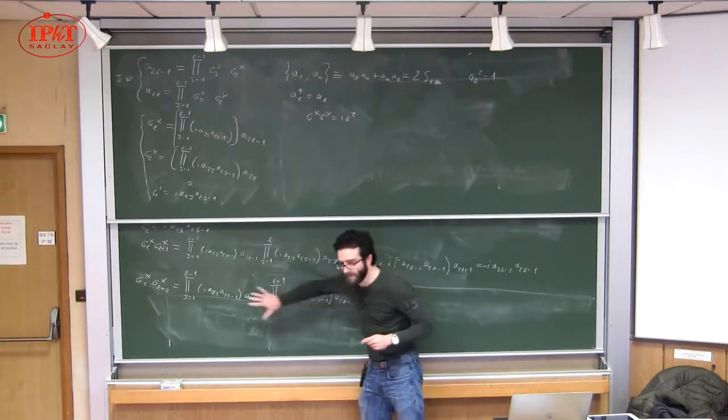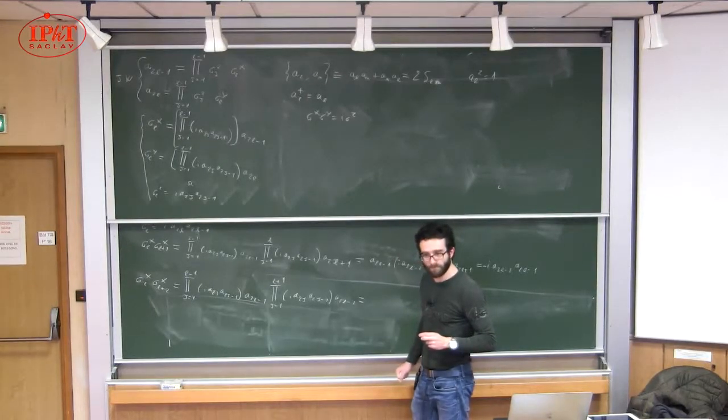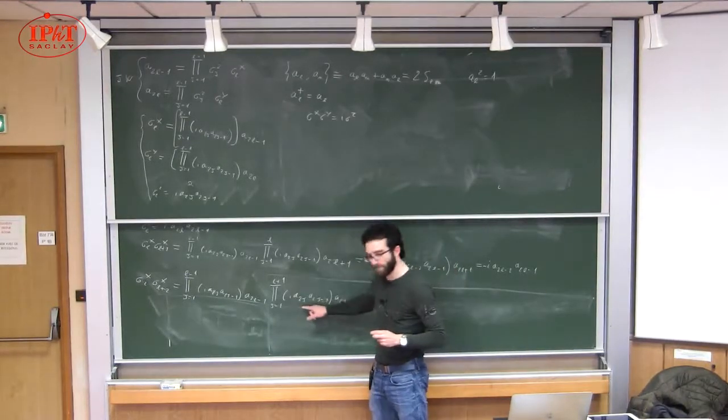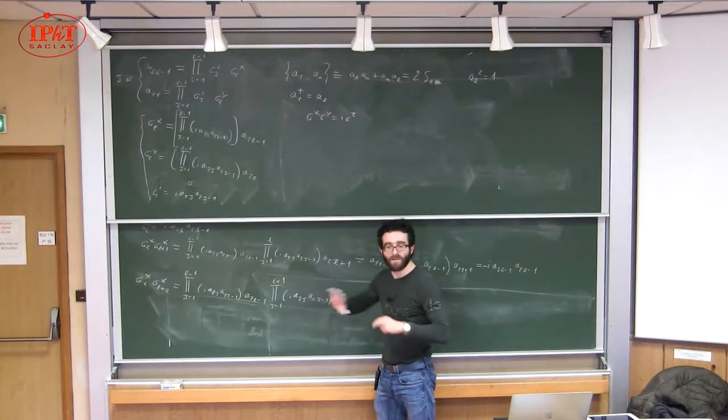So you can move everything to the left, except one term. You take j equals l, then you have something like a_{2l}, a_{2l-1}. That is the term that doesn't commute. All the other terms commute.